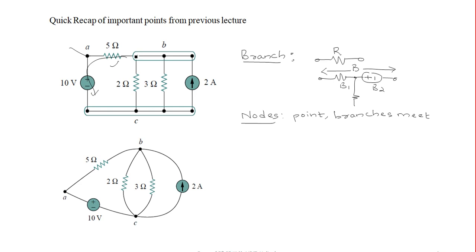Hence you can consider it as a single branch. But here you can see the split is there here and here. So it will constitute a node here and here as well. But all these three nodes can be considered as a single node, right? Because they are the common point.